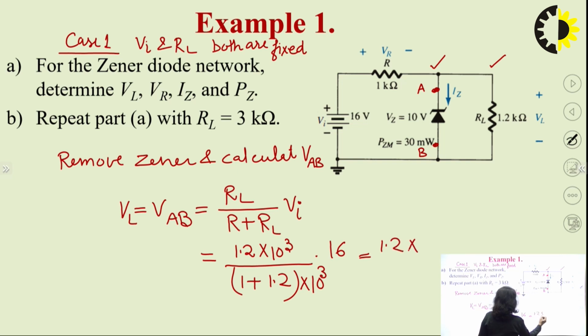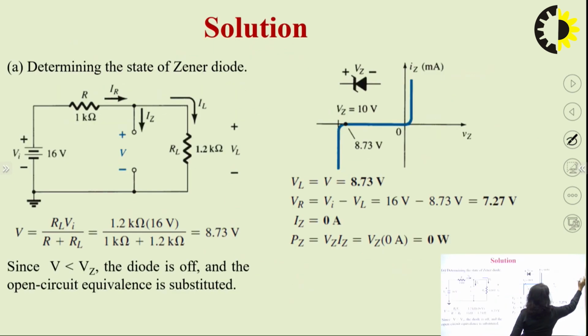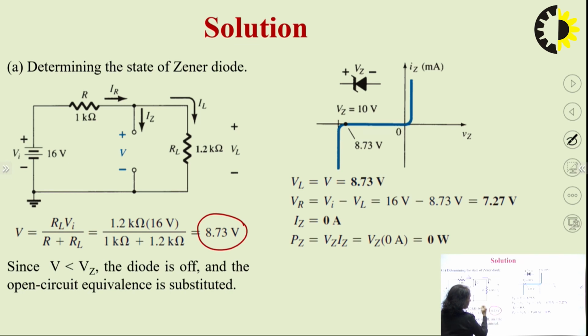So this will be 1.2 into 60 divided by 2.2 volts. The calculated value comes out to be 8.73 volts. Now compare this value with Vz.